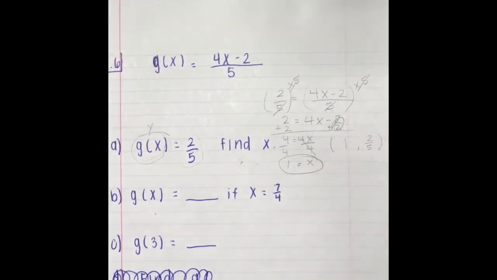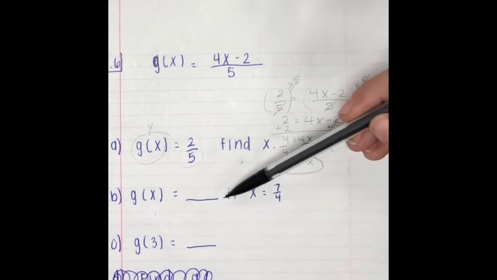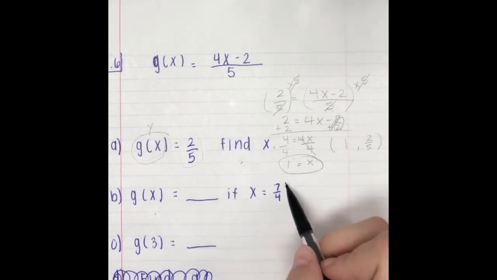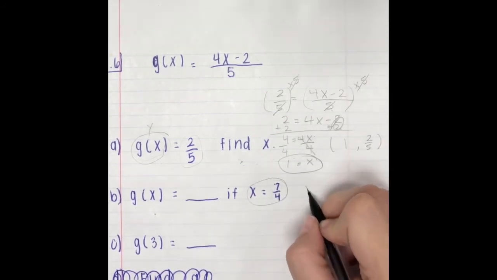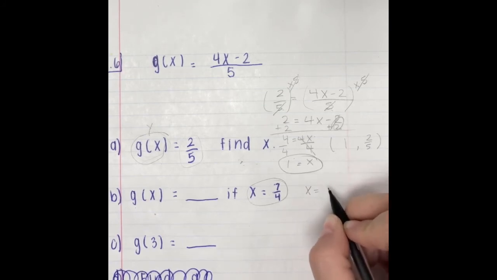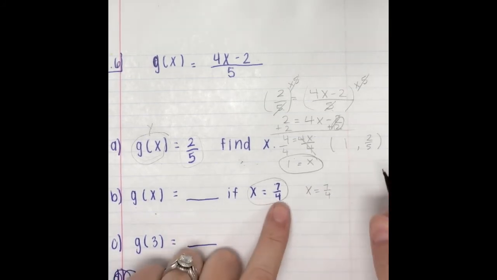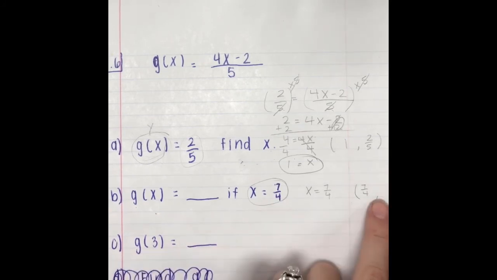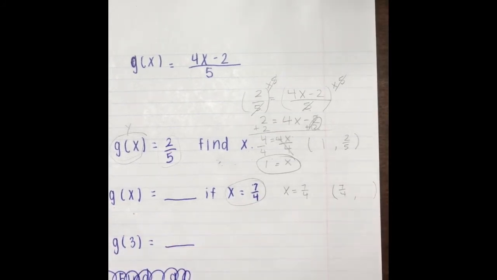Okay, next one, we have g of x equals blank if f of x equals 7/4. So it gave us the x value. We know x equals 7/4. So we have 7/4. We want to find that missing y value, right?